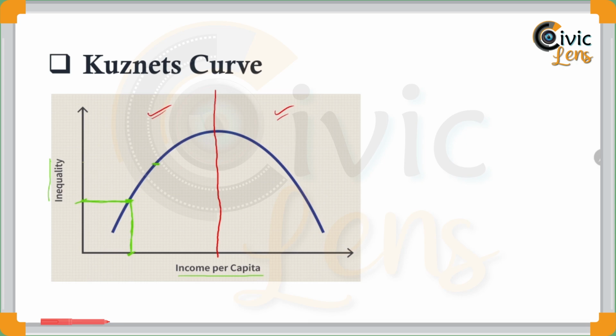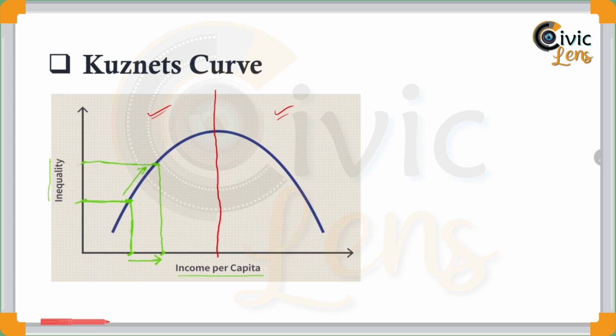Similarly, for this point, if I join it by similar horizontal and vertical lines, it means that for this point on the graph, this is the income per capita level and this is the income inequality level, right? So you can see here that as we move from this point to this point on the graph, income per capita is increasing from here to here, right?